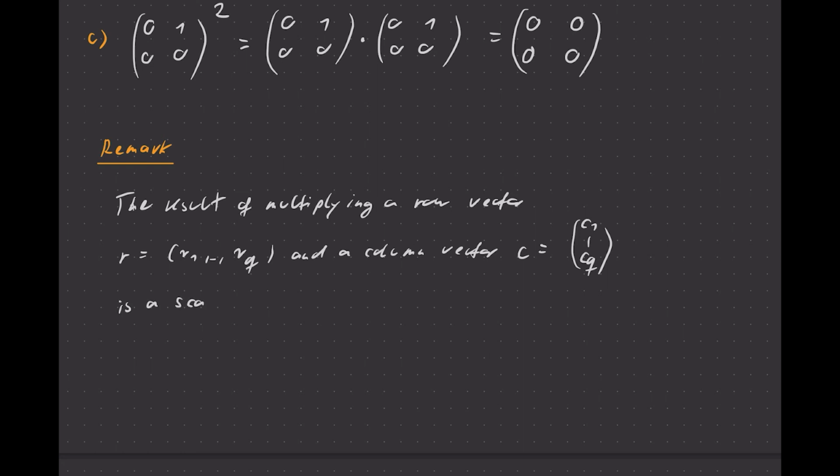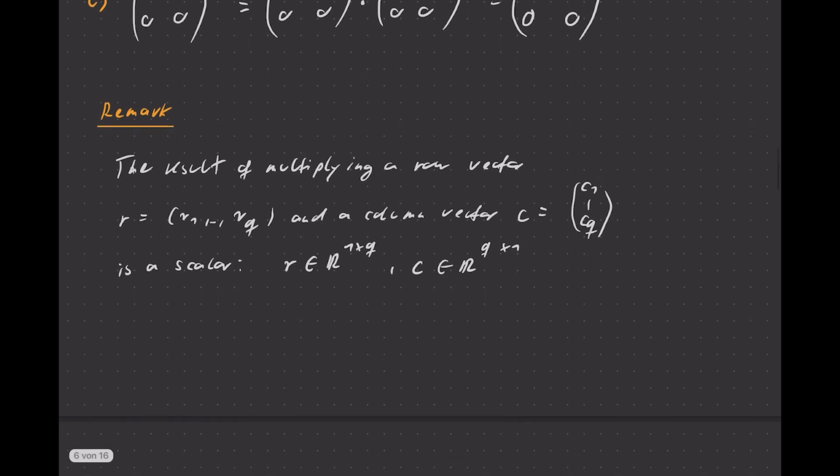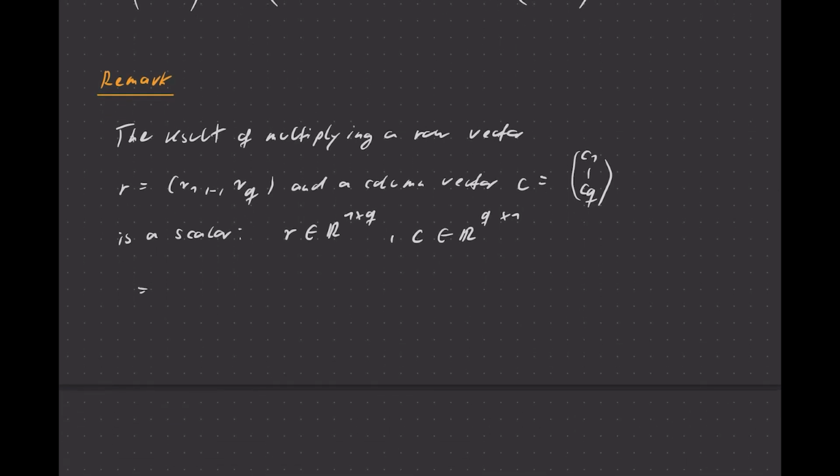The result is a scalar. Formally, R can be seen as a matrix, an element in R^(1 by q). C can be seen as an element in R^(q by 1). And that means R times C will be an element in R^(1 by 1), or just R.